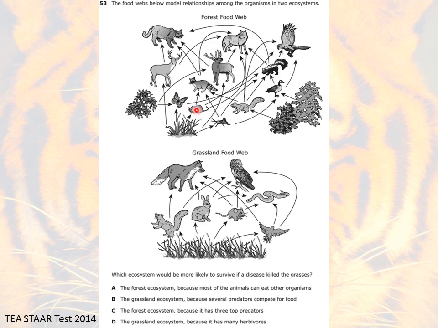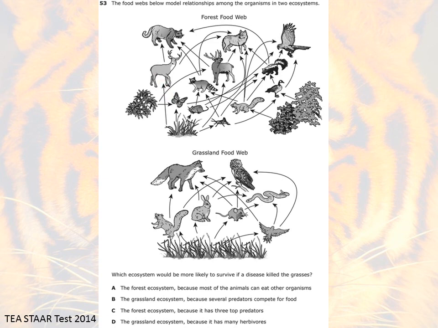What about the mouse? Well, yeah, he's in trouble. He only gets food from the grass, so we're going to have major problems with him. What about the cricket? Okay, he's in trouble too. The butterfly is going to probably be okay. The deer over here, he's in trouble. He only gets food from the grass.